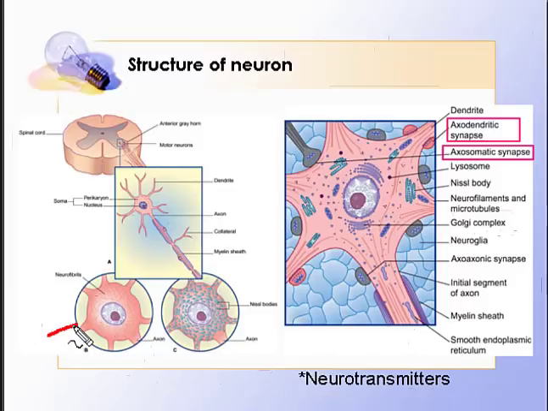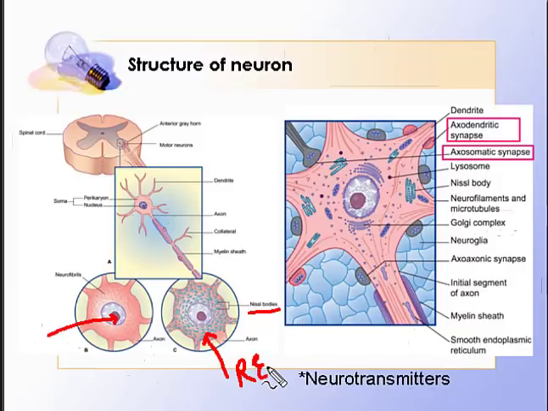That's the nucleolus. And then you see dark staining structures which are known as Nissl's granules or Nissl's bodies, and these represent rough endoplasmic reticulum. So this is a site for protein synthesis.